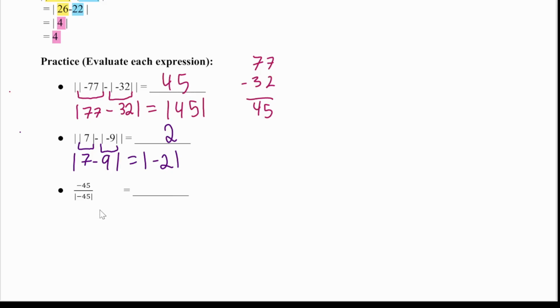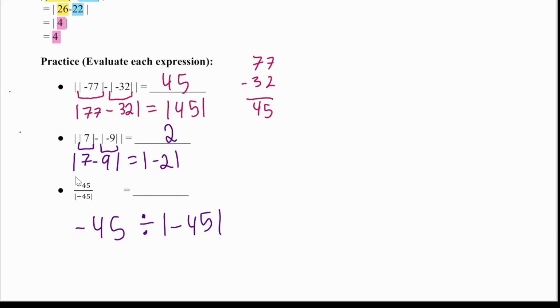If I see division like this, remember divisions and fractions are really the same thing. So this is really asking negative 45 divided by the absolute value of negative 45 if you're a little bit more comfortable with the traditional division symbol. As you get further into college work, fractions are going to be consistently used for division because it's a lot less clunky. It's simply what we prefer to convey the operation of division.